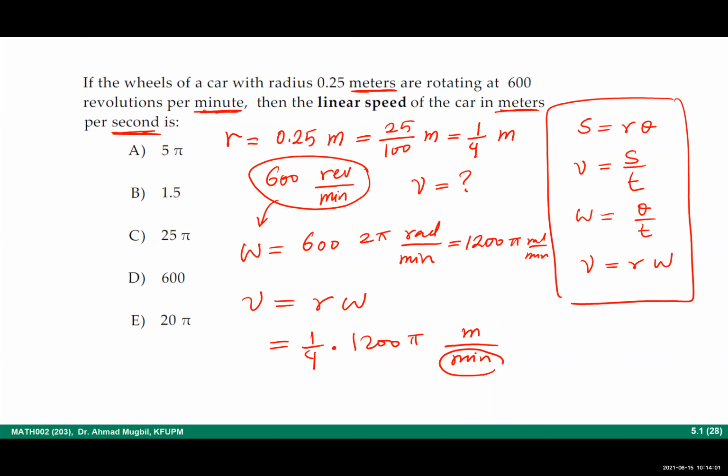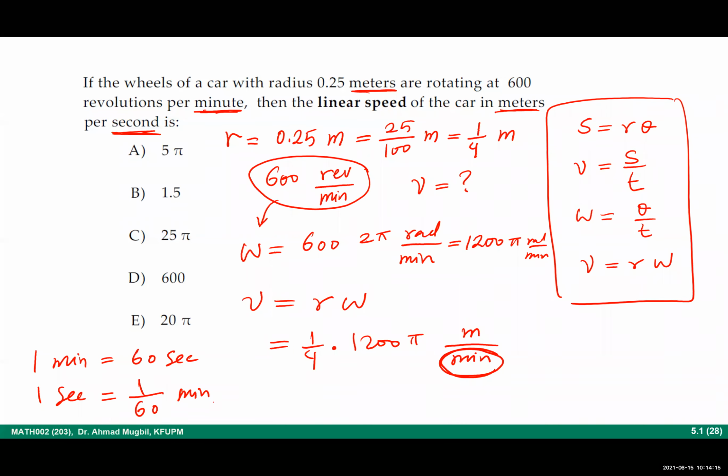So we want this to be seconds, not minutes. What is the relationship between the minutes and the seconds? 1 minute equals 60 seconds. 1 second equals 1 over 60 minutes. You know how to convert, of course, between these units. Now I think the idea is clear. Let me end the polling and show you the results.